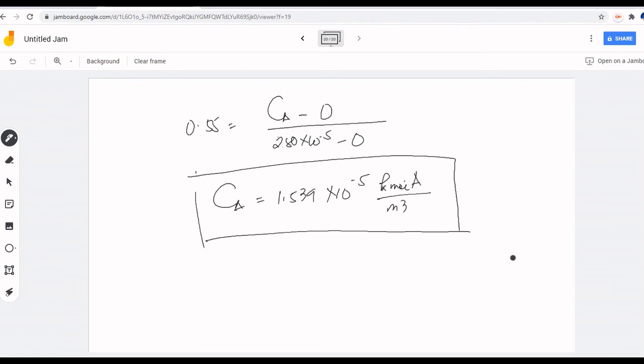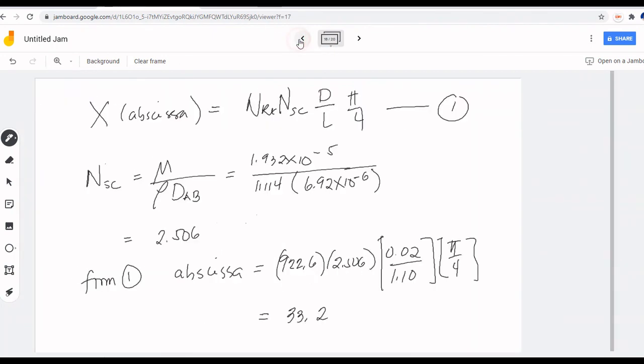Now this particular sample problem illustrates the use of the dimensionless numbers and the table and the figure for determining the concentration. Now this particular concentration will not be limited only to the exit concentration. It could be concentration at any point in the pipe. All you have to do is change the L here.